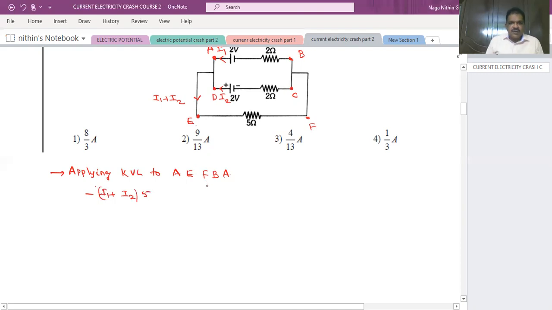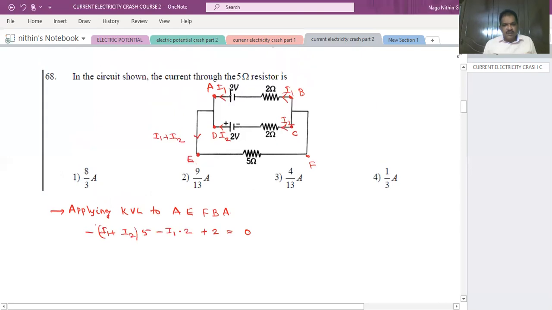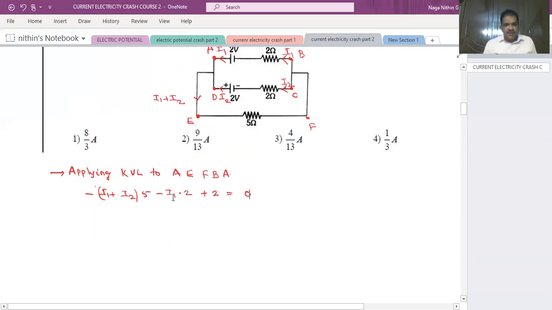Next F to B, nothing is there. Again here, current value will be equal to I1. Here current value will be I2 minus I1 into 2, plus 2, because we are going from negative terminal to positive terminal, this will be plus. So 5I1 plus 2I1 will be 7I1 plus 5I2 is equal to 2.